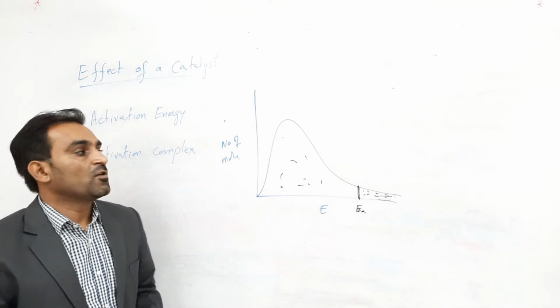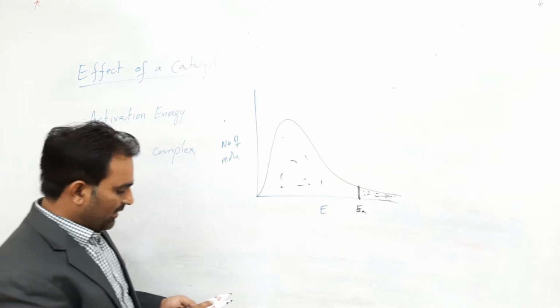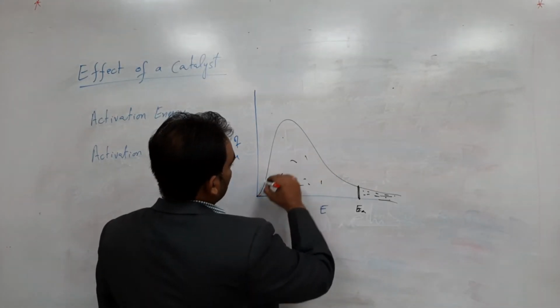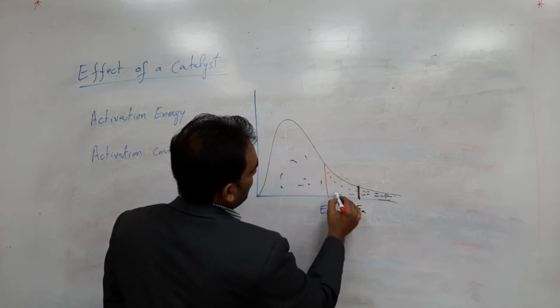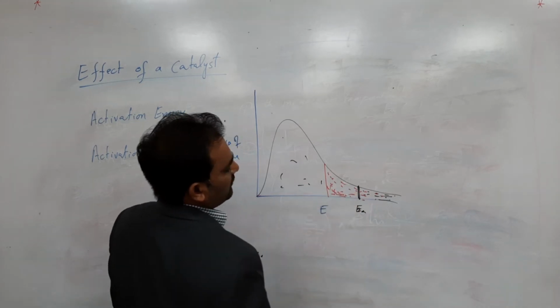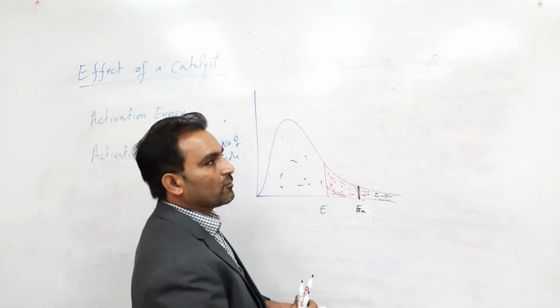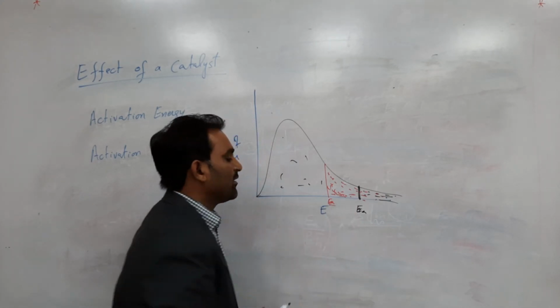It means we can use this path, but with a higher fraction of molecules having the energy, since the energy barrier will be lower.